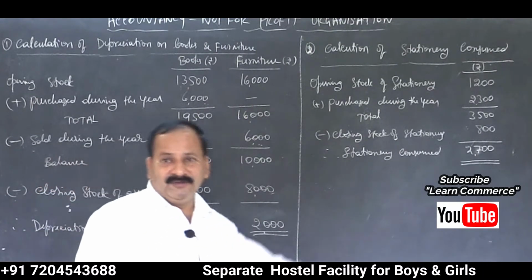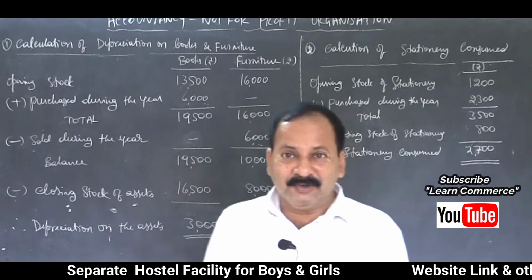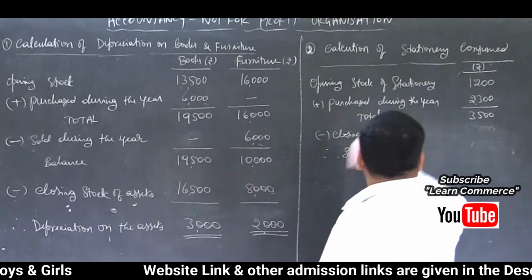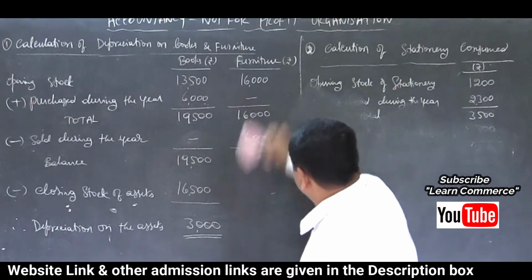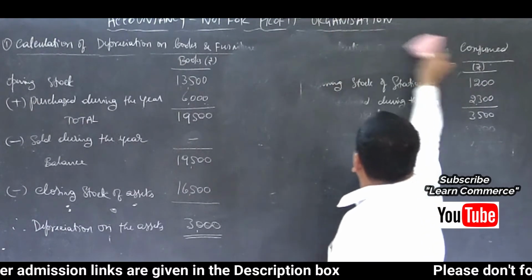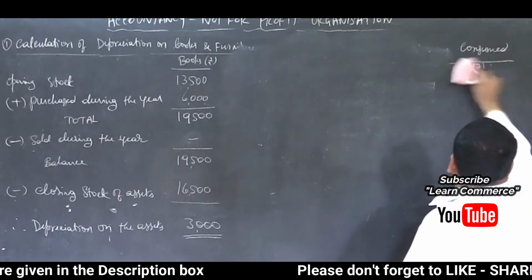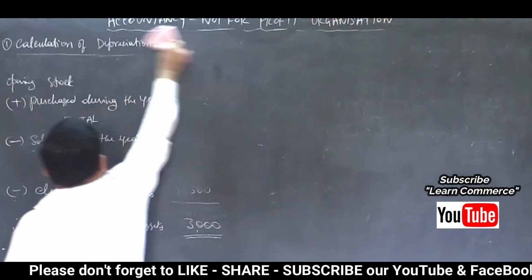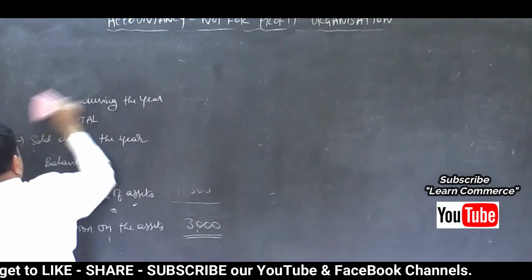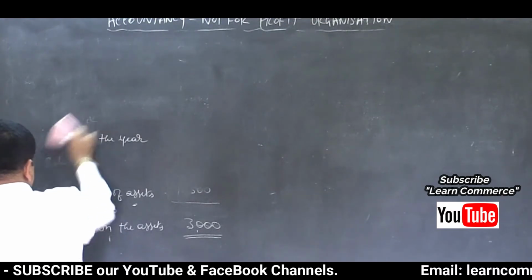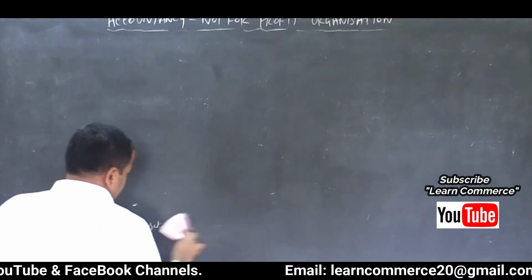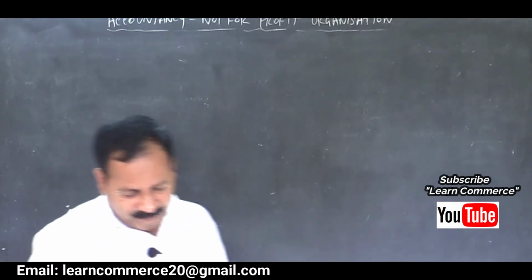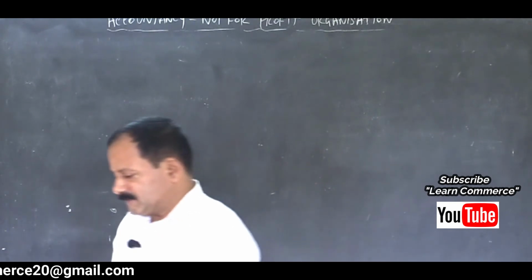Yes. Now, masala is ready, isn't it? Let us cook now. Let us prepare accounts. What do we have to prepare first? Opening balance sheet, correct? Then we have to prepare the income and expenditure account and again the closing balance sheet. Now let us start with the opening balance sheet. Draw the columns.